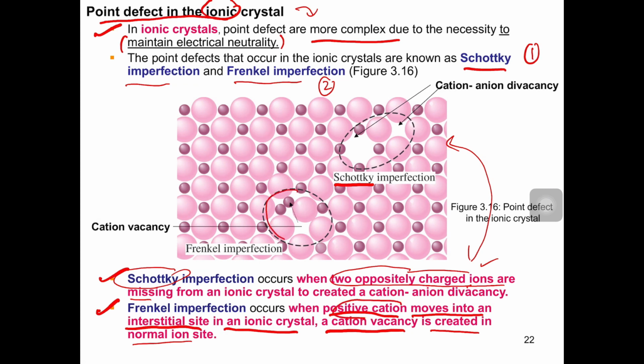So it moves to this one. This one is the original one, and it moves to the interstitial. So you have to differentiate between the Schottky and Frenkel. If you have to draw the diagram, draw it like this one. You have to make a very clear comparison between the Schottky and Frenkel.